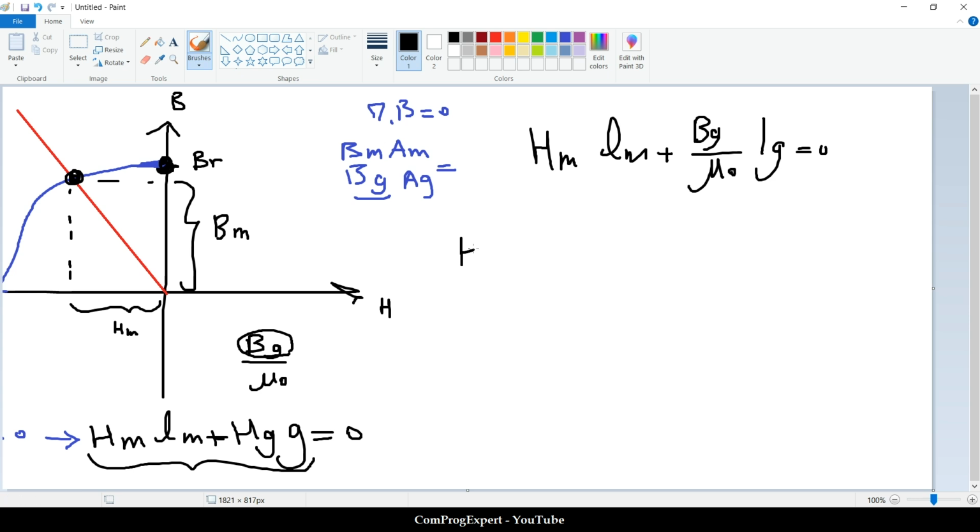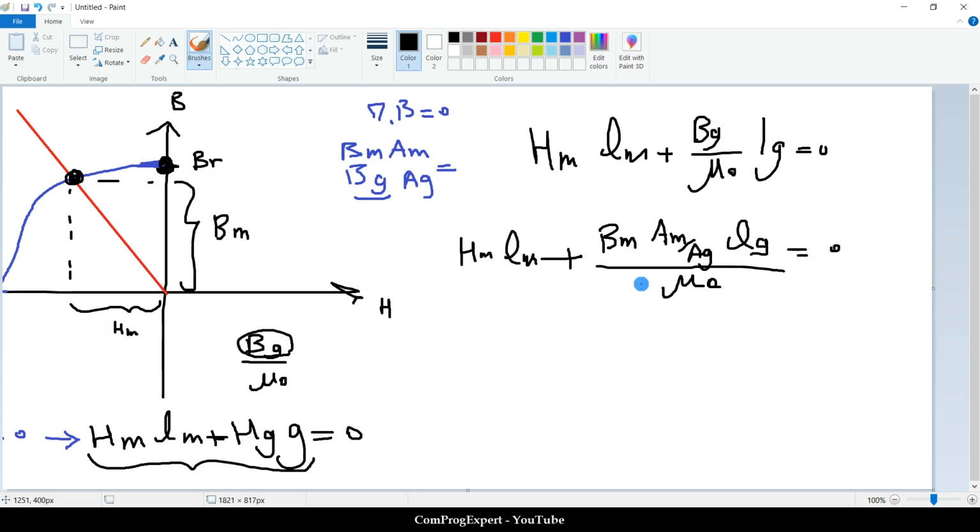So we can write HM times LM plus BM times AM divided by A gap, times L gap divided by mu 0, equal to 0. So this is the equation of this line. If we have this BH curve for the magnet, we can calculate the intersection and finally find the operating point.